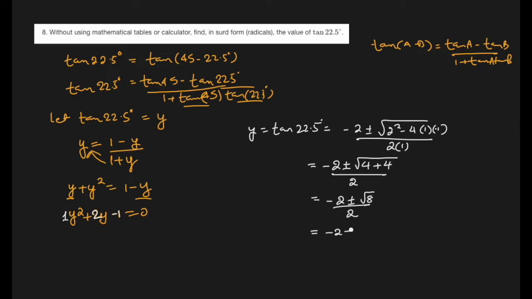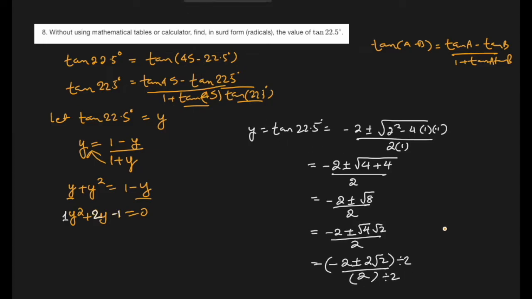So minus 2 plus minus square root 4 times square root 2. That's how I can break square root 8. So it becomes minus 2 plus minus 2 square root 2 over 2. Now let's divide both up and down by 2.